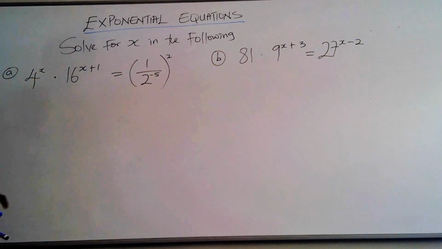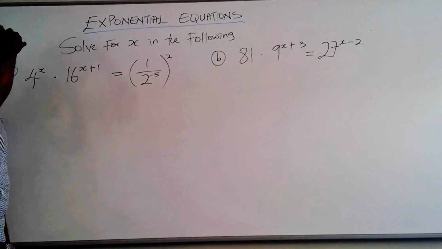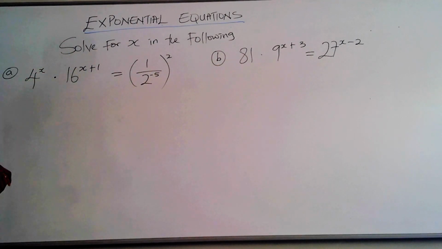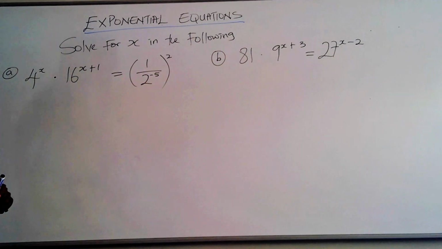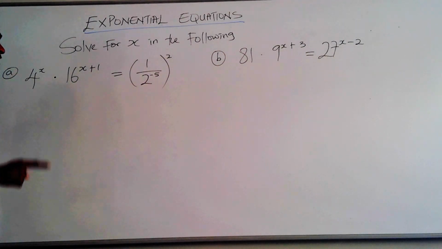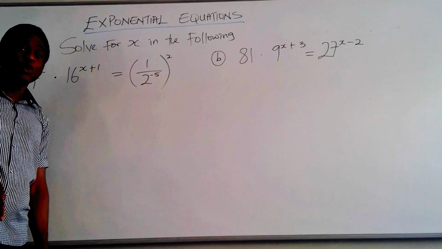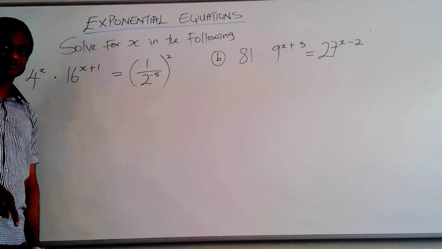Now, we have 4 exponent x times 16 exponent x plus 1 equals 1 over 2 exponent negative 5, all squared. Now, when you have exponents, like I always mention in my previous videos, always reduce the exponents to the lowest possible base.